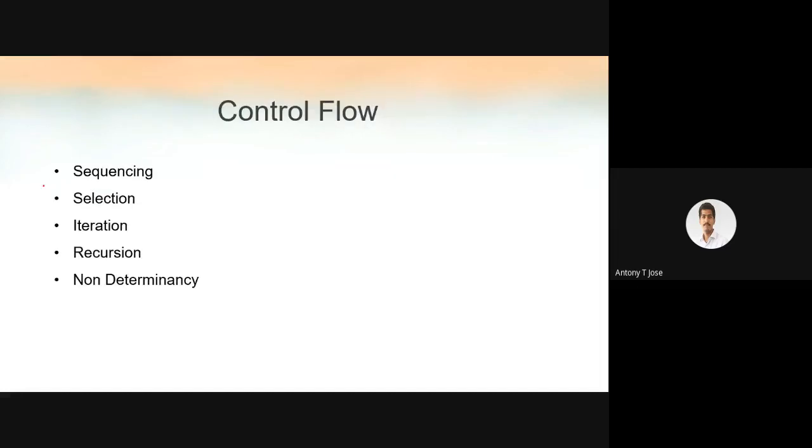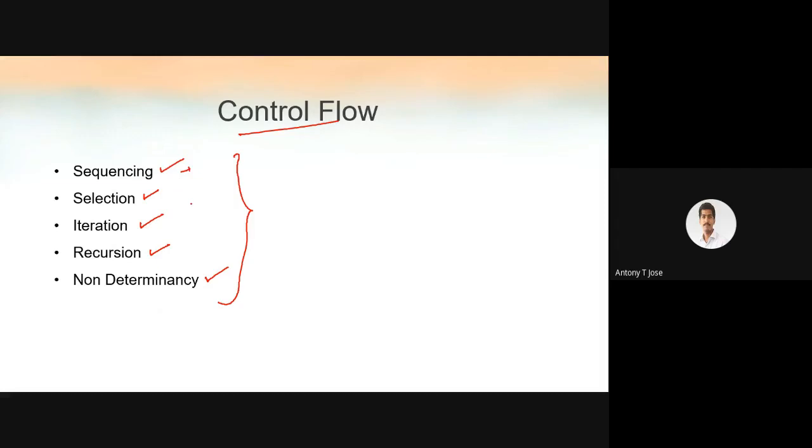Now the main thing that I want to go through is control flow. I already explained what control flow is, how the flow of control happens in a program. The flow of control happens like this: first sequencing, second selection, third iteration, fourth recursion, and the fifth non-determinacy.